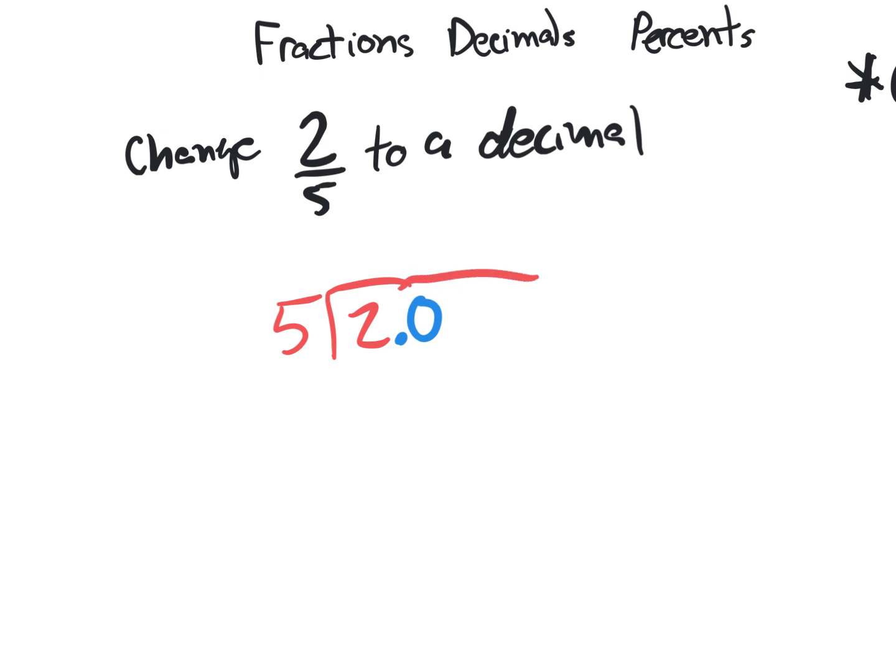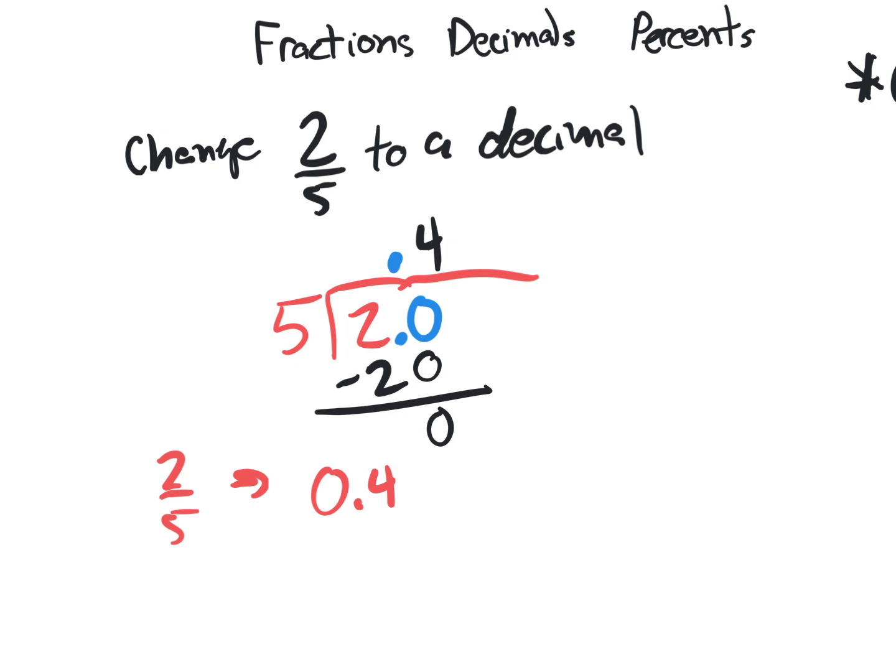And just remember that that decimal that you added right there, you need to move it straight up here. So put that decimal up here. And then you think 5 times what gets you close to 20 without going over? 5 times 4 is exactly 20. And when you subtract that, there's no remainder. And voila, we have converted the fraction 2/5 to the decimal 0.4.